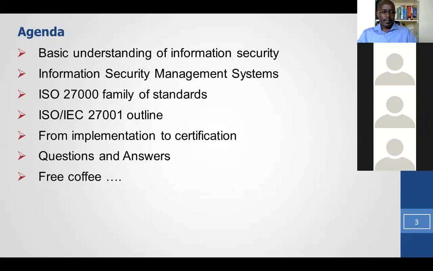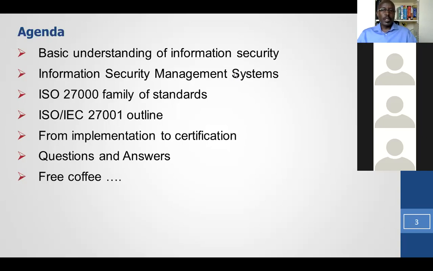Now, this is the basic agenda that we are going to look at. We look at the basics of information security so that we can understand what the basics are. We look at information security management systems. Then after that, we look at the ISO 27001 family of standards. After that, we look at an outline of ISO 27001.